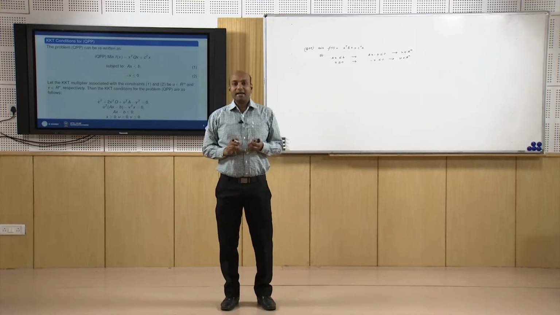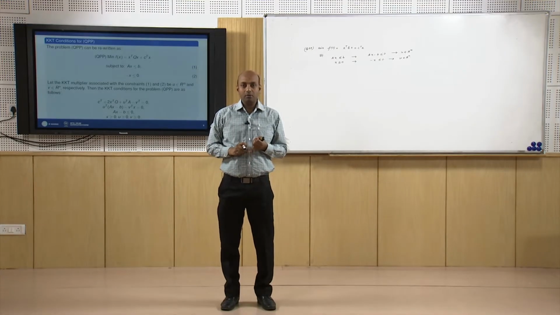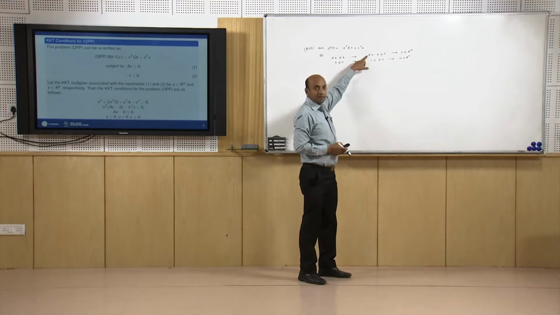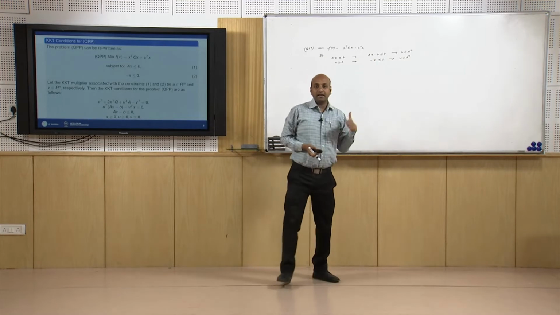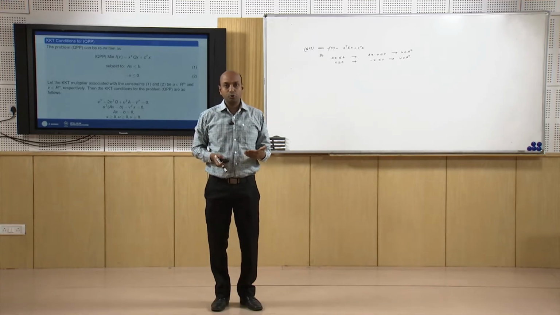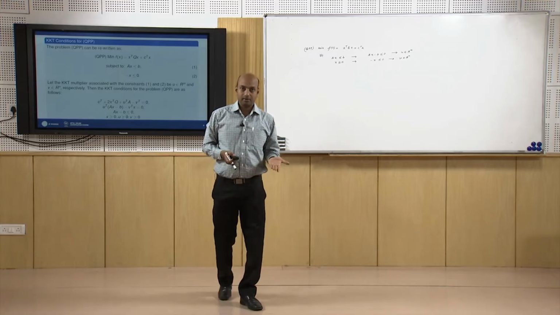So, how many KKT multipliers do we have now? M plus n. M for these constraints because these are m in number, and n for these constraints because these are n in number. So, the total number of KKT multipliers required to find the KKT conditions for the QPP is m plus n.